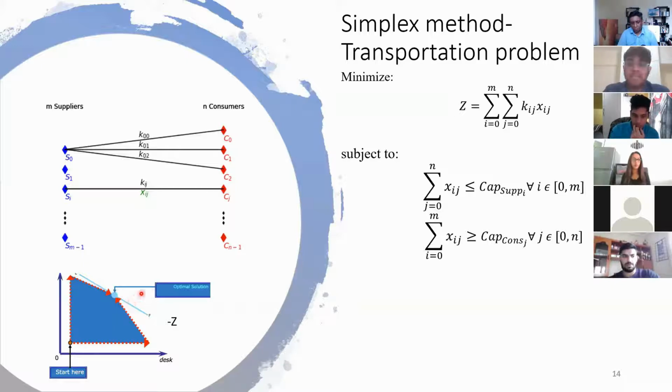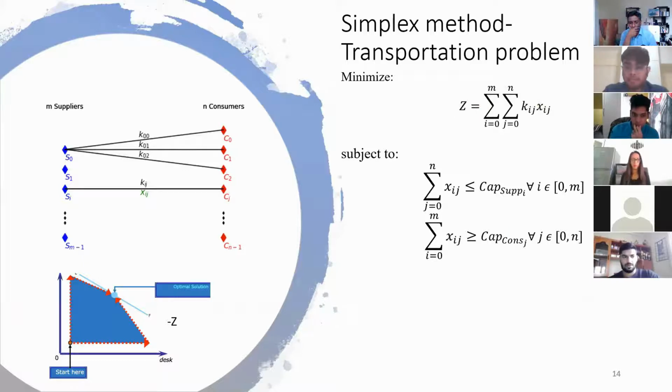In many cases, the initial solution is when the objective function value is 0, corresponding to the origin. For the case of industrial symbiosis, this could be where there are no pairings, so all xij are 0, and the objective function value is 0.